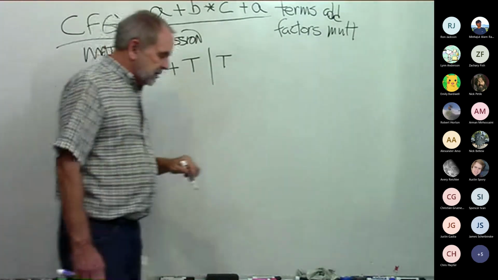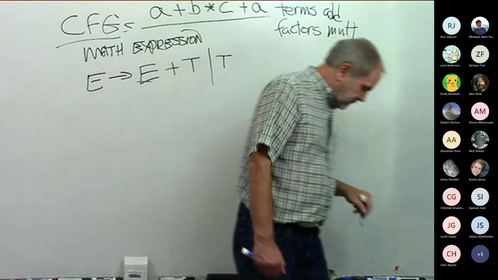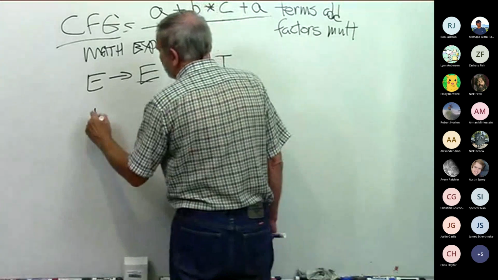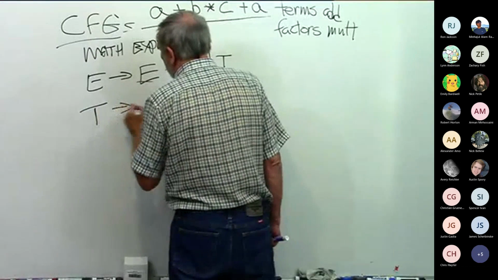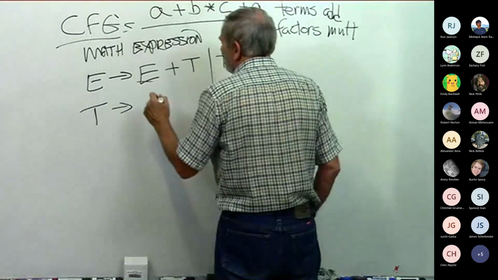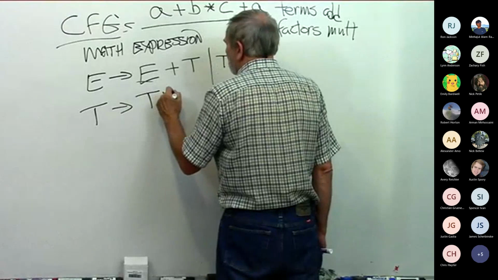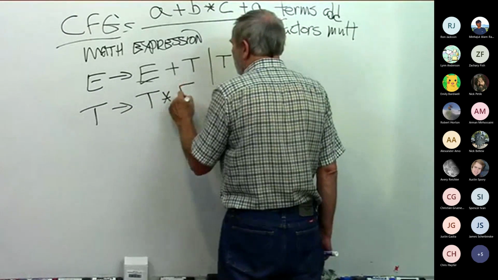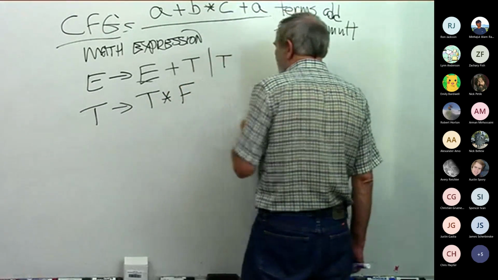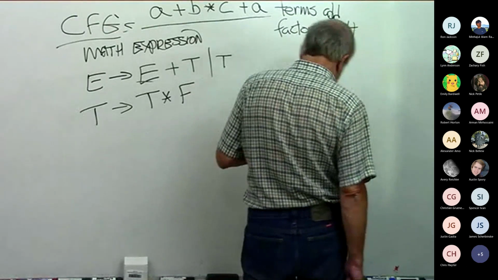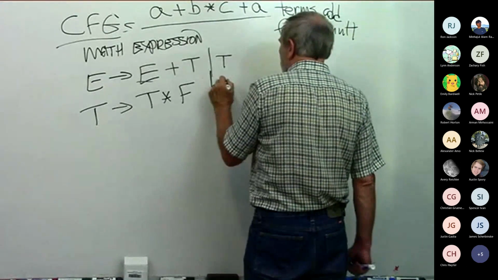The next level down, we say that a term can be either a term multiplied by a factor, or just a factor.